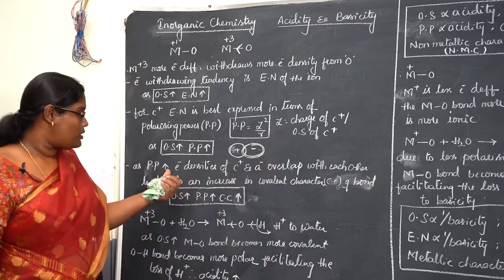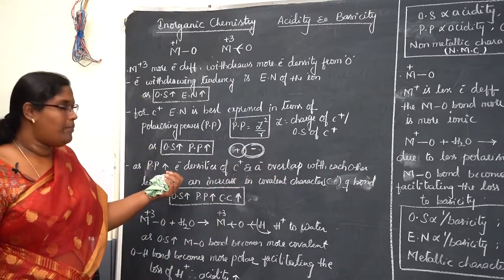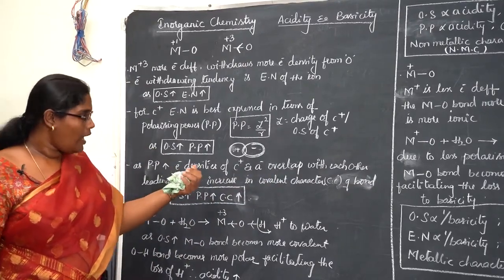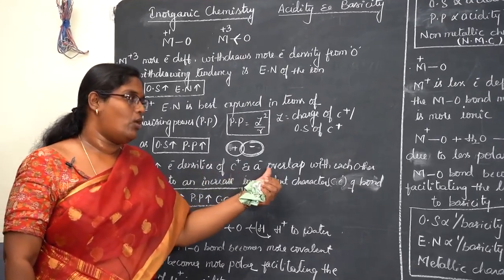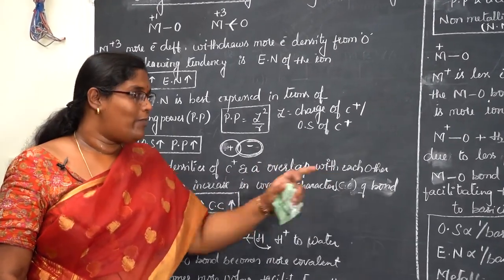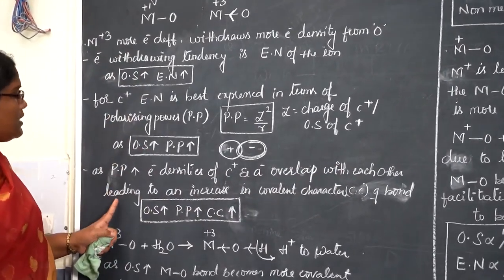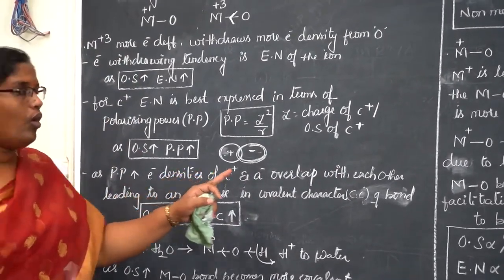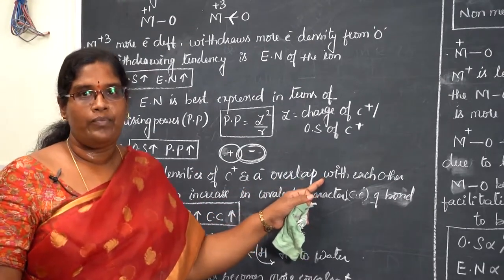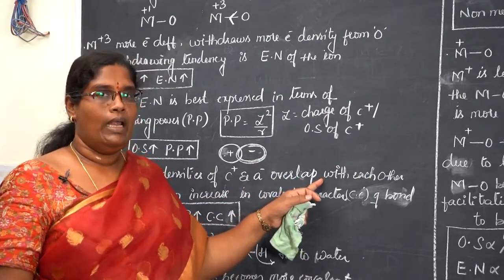So what we mean to say is, when polarizing power increases, electron densities of cation and anion overlap with each other, and this leads to the increase in covalent character of the bond.